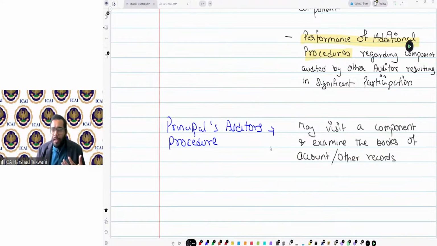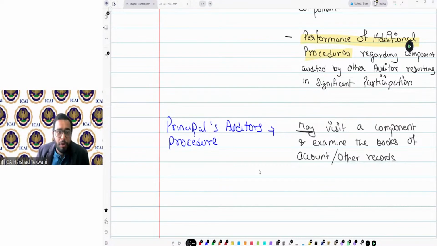Now, where another auditor has been appointed normally and is already performing the audit, the principal auditor might not visit, but that totally depends upon the principal auditor and the comfort he is getting from the work being performed by the component auditor. That's why I wrote the word may visit. Not necessarily he should visit, but he may visit, depending on the circumstances requiring him to visit the component.